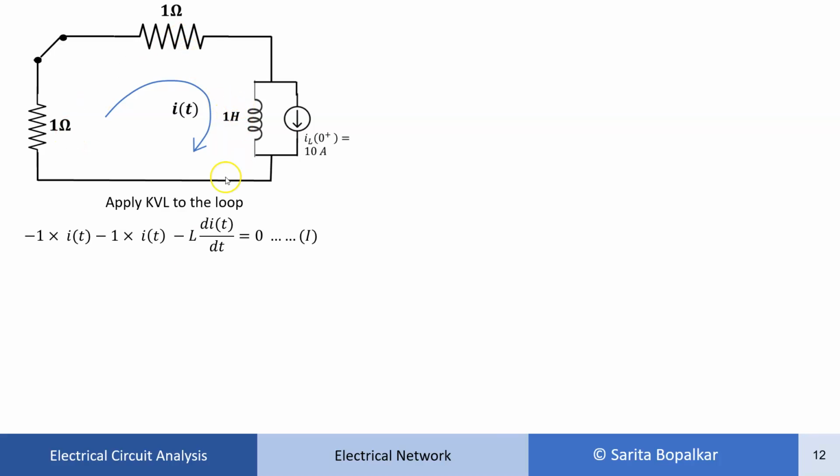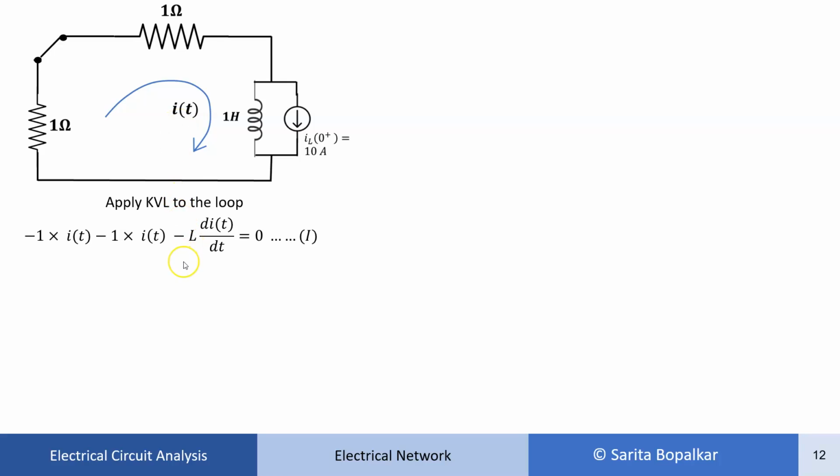The voltage across the inductor is L di/dt. Now in the previous examples where we were finding initial conditions, at this step there is a change. In initial conditions, we put t is equal to 0 plus and find di/dt, d square i/dt square at t is equal to 0 plus. But here we want to find i(t) for t greater than 0.